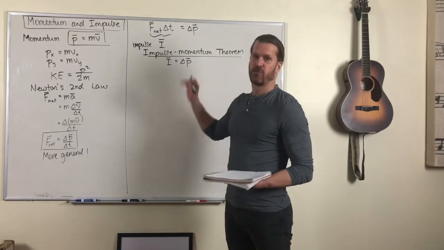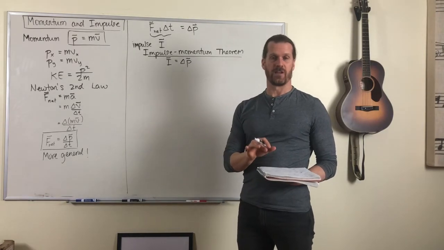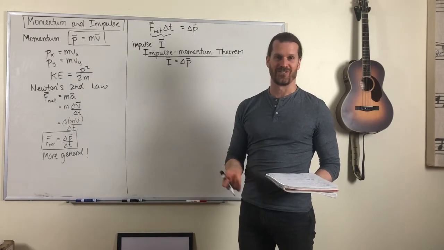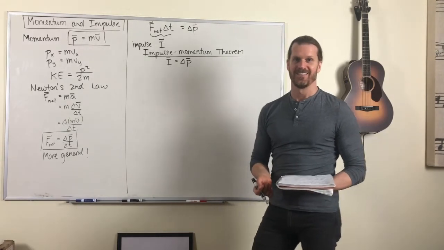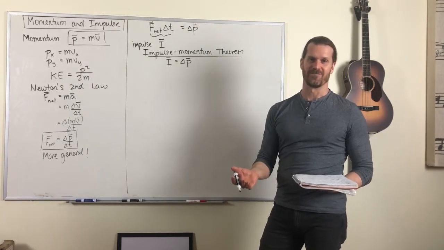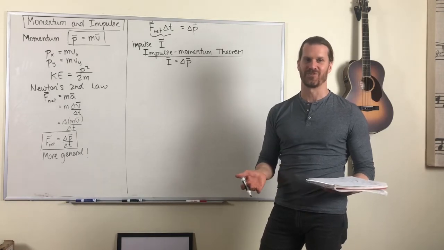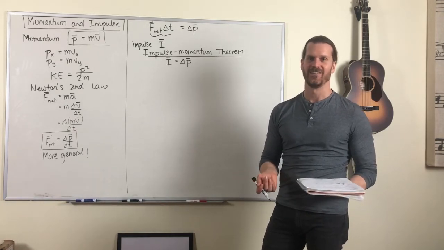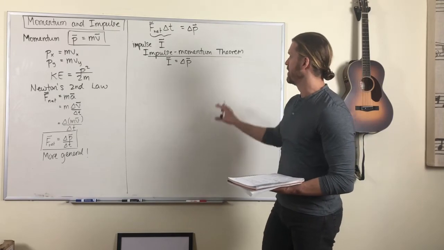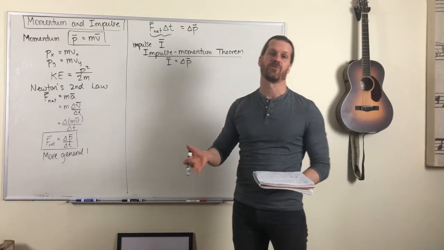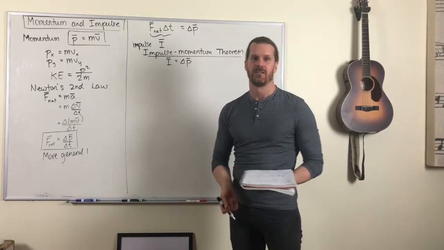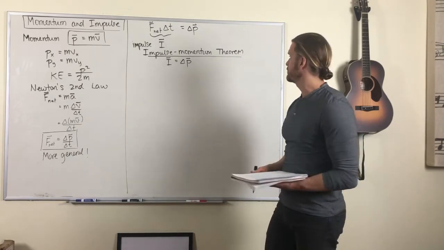So essentially these are two different ways of saying if you push on something, its motion changes. Work energy theorem, impulse momentum theorem. Put very simply, if you push on something, its motion changes. But we have two different mathematical formulations of that intuitive statement.